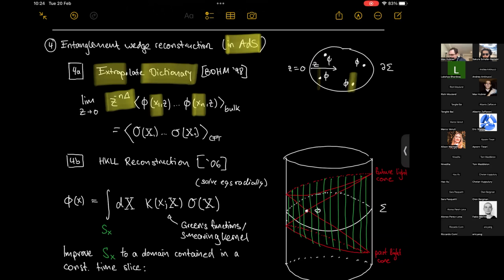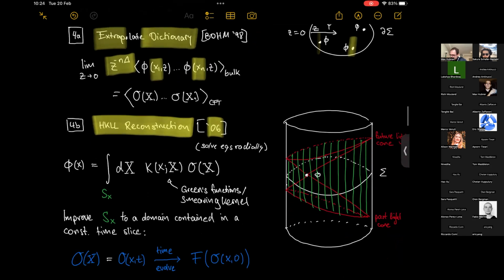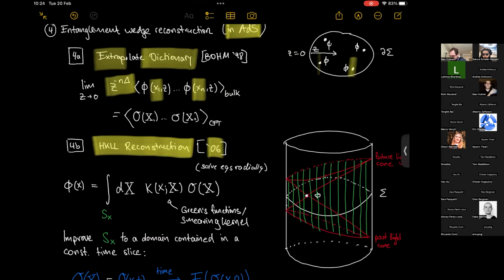And this problem of going a bit deeper into the bulk is solved by HKLL reconstruction, which was introduced in 2006. The statement of HKLL reconstruction, in the context of AdS, is that if I'm given a bulk operator phi, then I can reconstruct it from boundary data. And the reconstruction formula looks like this.